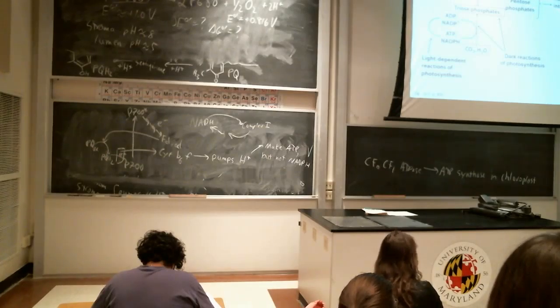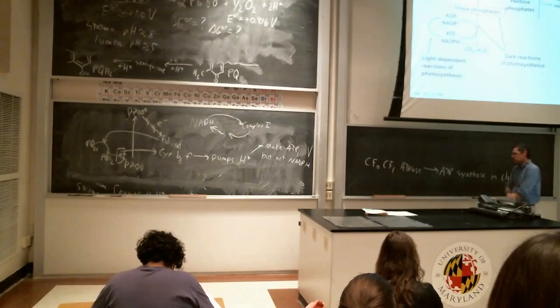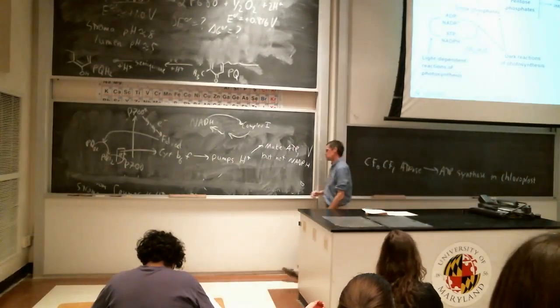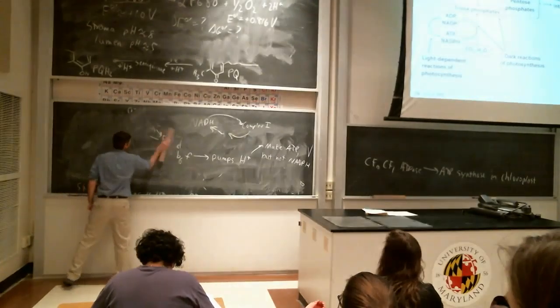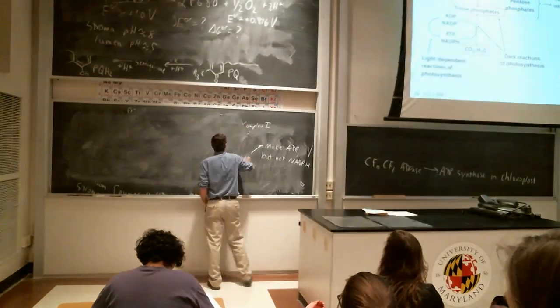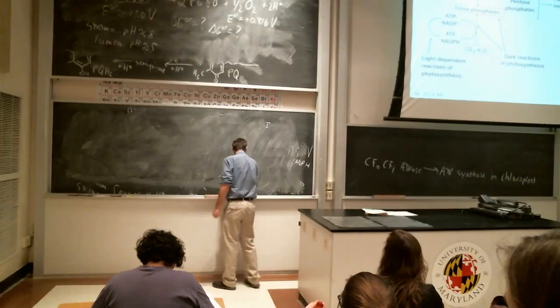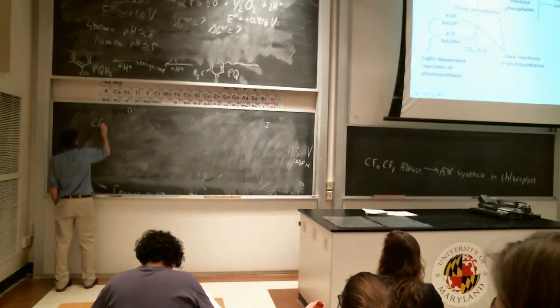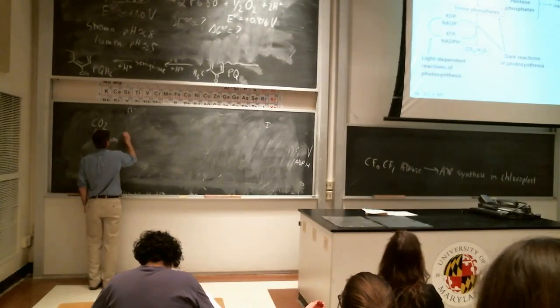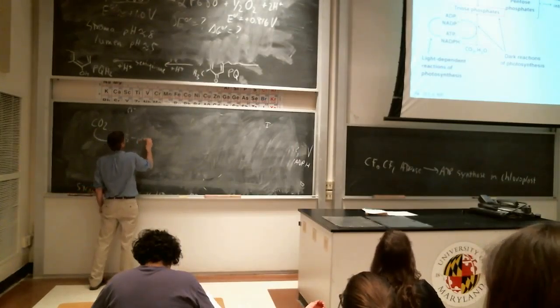They show protein lipid here, but actually the more important way to make lipid is to take the 3-phosphoglycerate that comes from the carbon fixation reaction. So CO2 is fixed in the form of 3-phosphoglycerate.